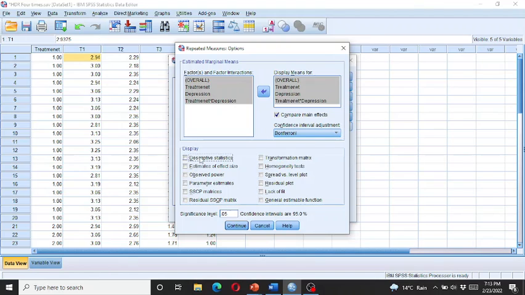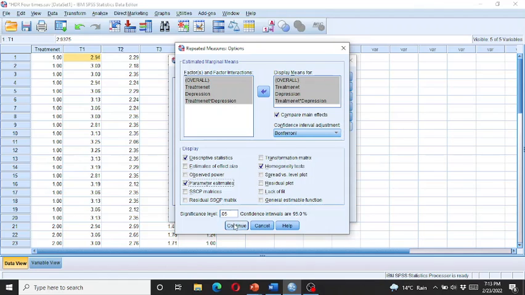Here you just click on descriptive and you click on the homogeneity test, and if you need the parameter estimates, then you can click on it. You don't need to click on each and everything, because it would lead to the creation of so many tables in the outputs, and that can confuse the students, especially those who are weak in statistics.